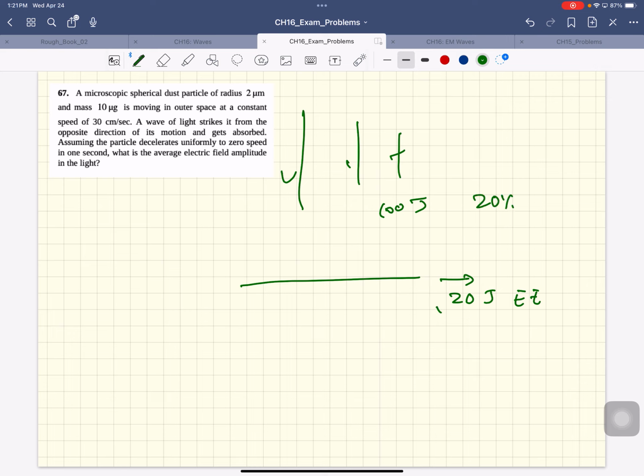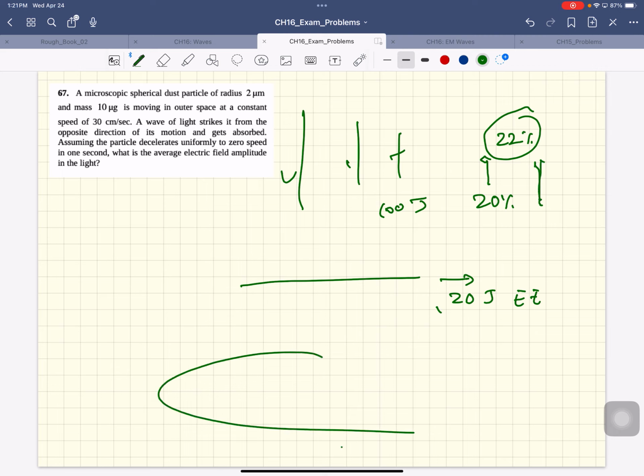Now, they're trying to improve the efficiency of these. Let's say somebody went from 20% to 22% at the same price. Right now it's a little more expensive; you can buy these, but they're much more expensive. What's the big deal in that? The big deal is the following. If you get 10% more efficiency, then where you had to use this much area to run the planet, you now just have to use 10% less area.